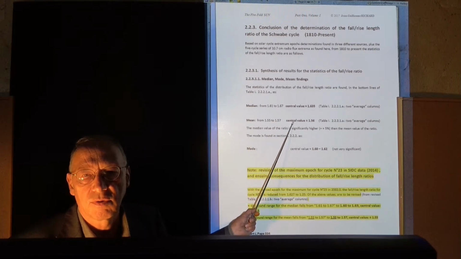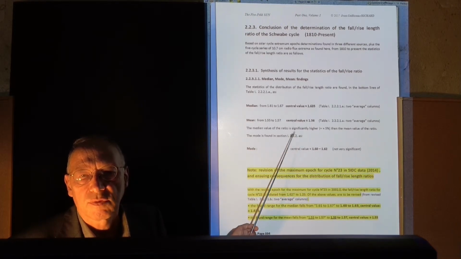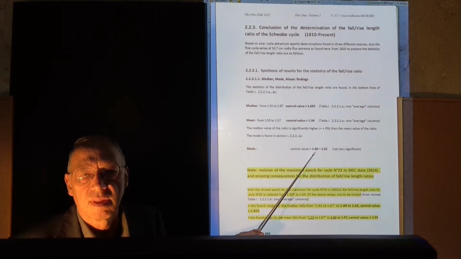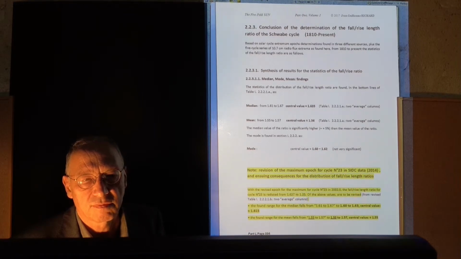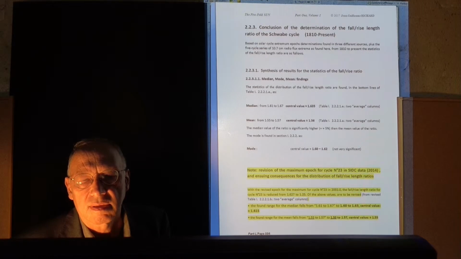The mean is lower and is only about 1.56. And the mode, as in the case of the overall length of the Schwabe cycle, is very close to the median and is from 1.60 to 1.62, ratio of the fall over rise length of the solar cycle.